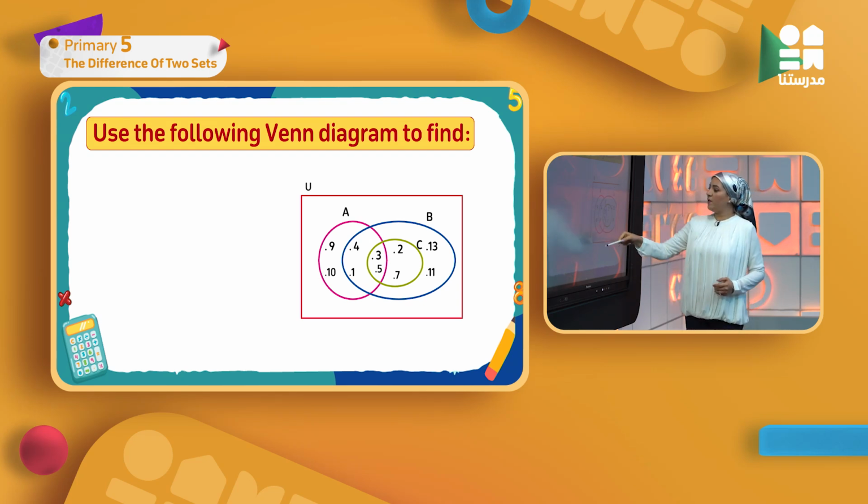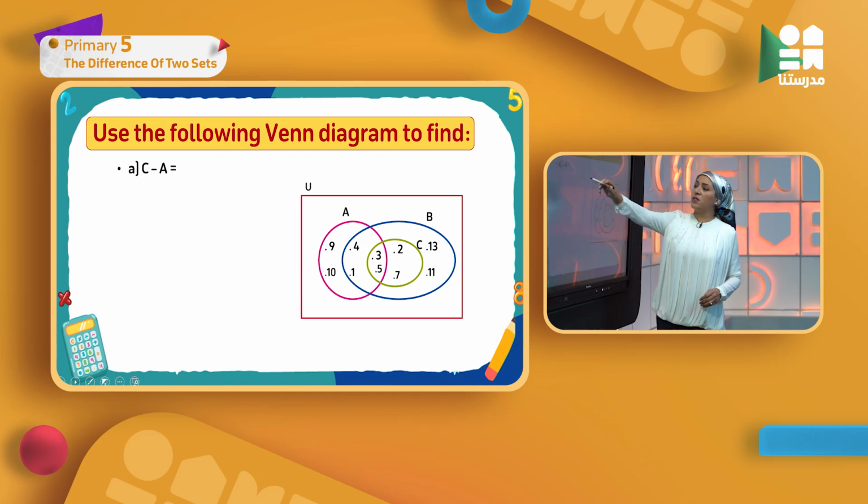As you see, we have here the universal set or the mother of all sets, the U in red, and I have the set A with the elements 3, 5, 4, 1, 9, and 10. And I have the set B with the elements 4, 1, 11, 13, 2, 7, 3, and 5. And then the set C with the elements 2, 7, 3, and 5. Okay.